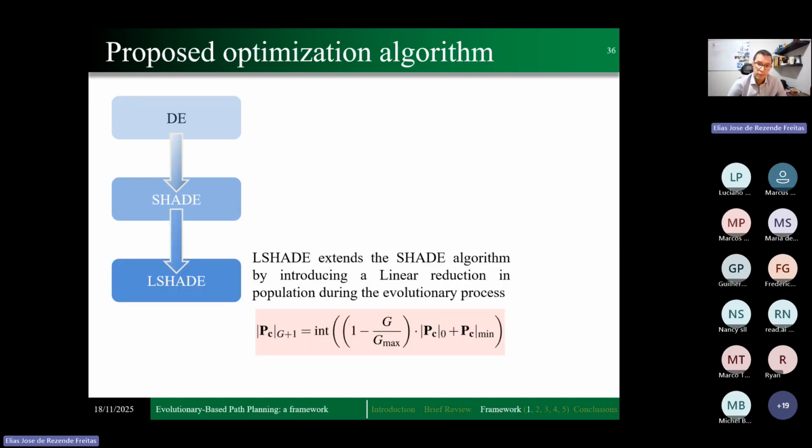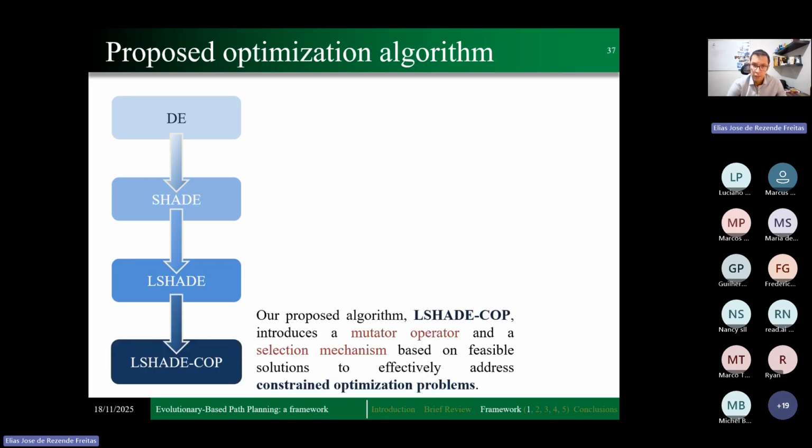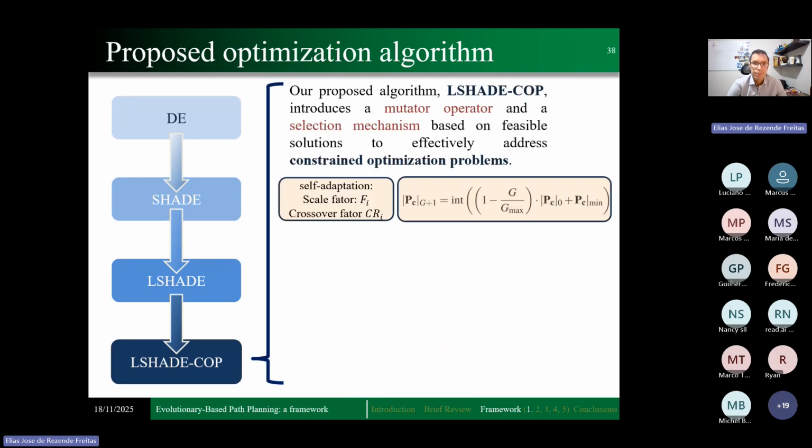LSHADE extends the previous algorithm by introducing a linear reduction in the population during the evolutionary process, by gradually reducing the population size. Finally, our proposed algorithm, the LSHADE copy, introduces a mutator and a selection mechanism based on feasible solutions to effectively address our constrained optimization problem.